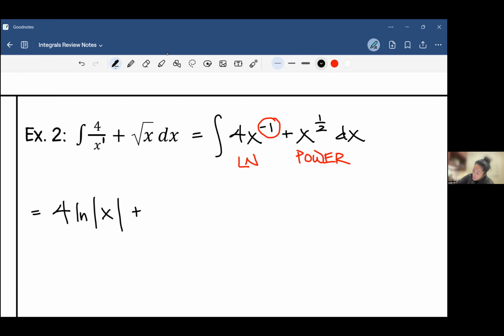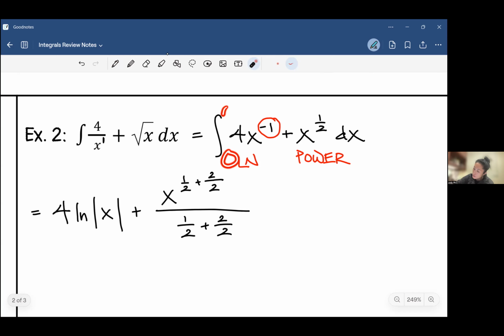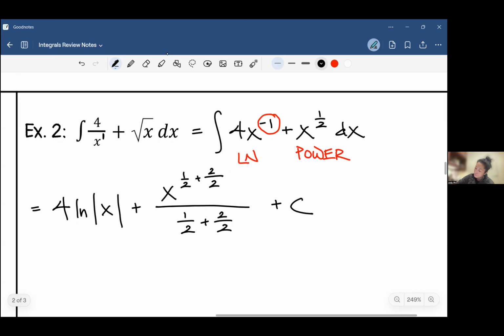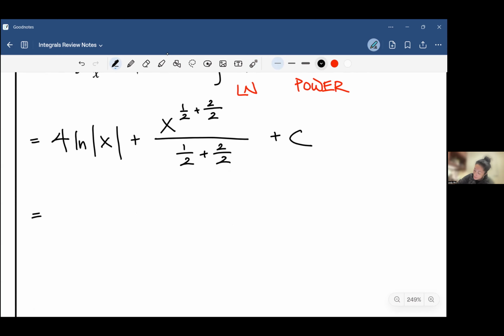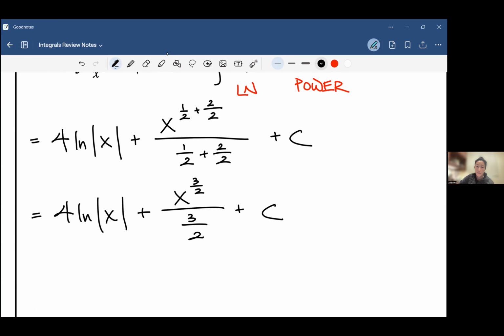Plus, the power rule says we've got x to the 1/2 plus 1 over 1/2 plus 1. And once again, I don't have any bounds, so I have to make sure I have a plus c at the end. All right, let's clean this up a little bit. 4 natural log of the absolute value of x plus x to the 3/2 divided by 3/2 plus c.